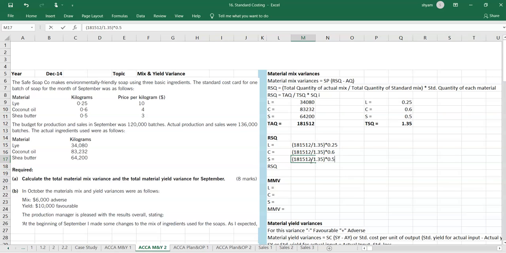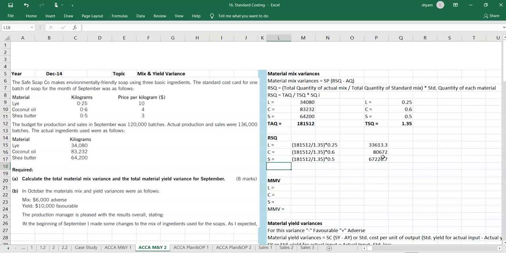So we got that number, and we just have to get the answer now. We got our RSQ.